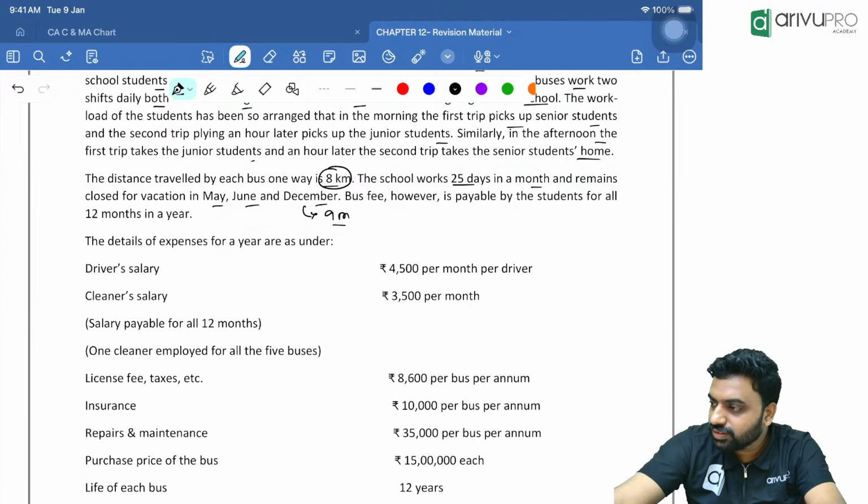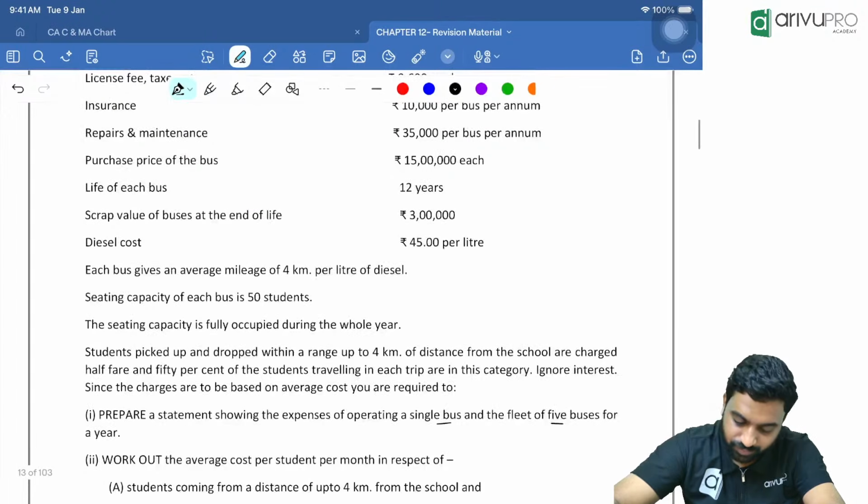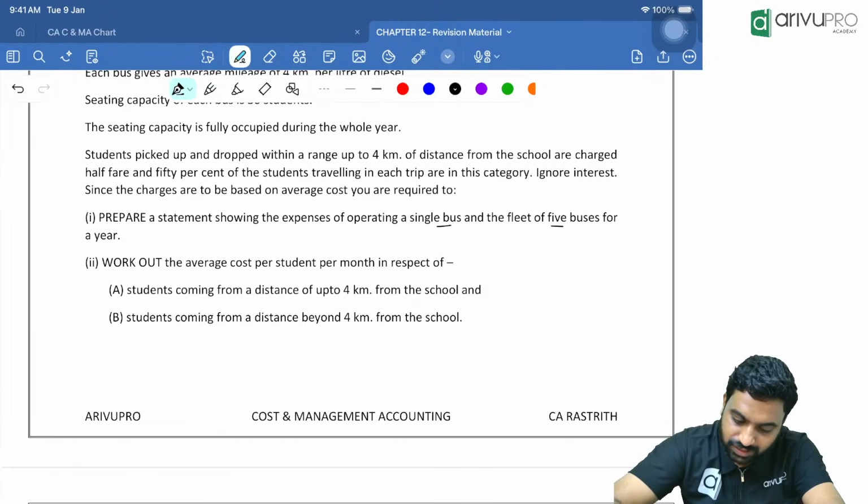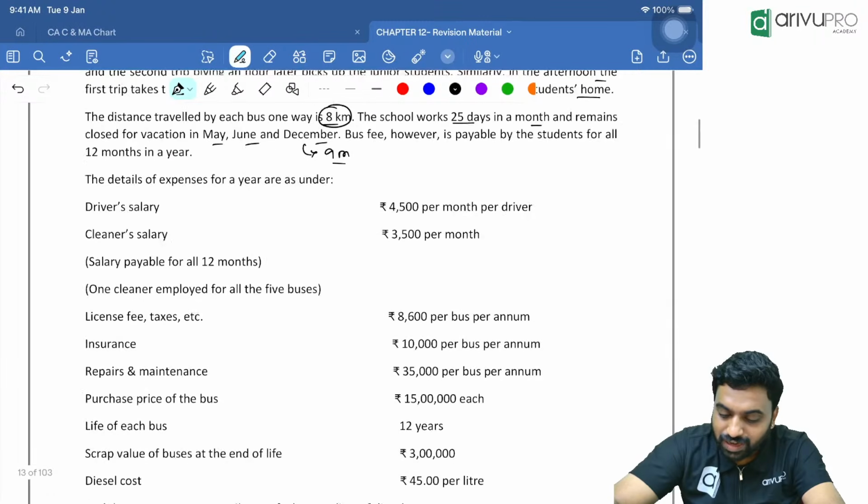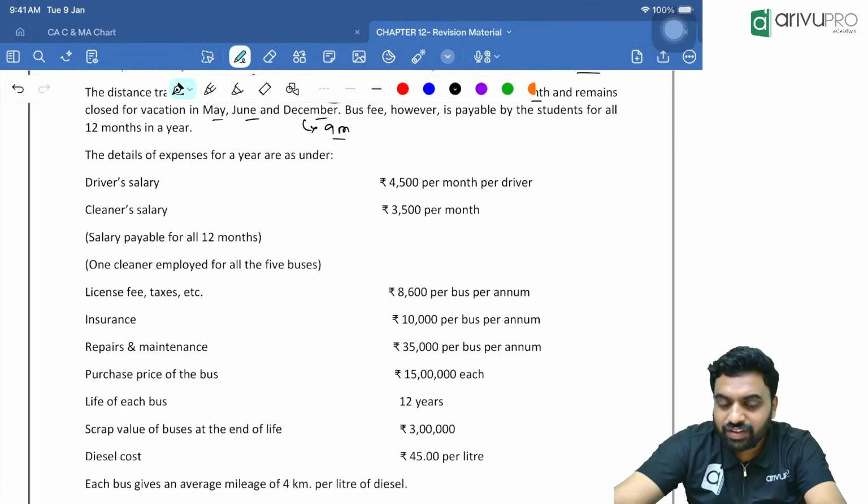Okay. The kilometers run is for 9 months. All those are 9 months. But my denominator will be 12 months. If they had told us students are not charged for all months, whatever the annual expense is, I would divide by 9 months, because we charge monthly here. First we have to divide by months, right? If every expense is to be recovered in 9 months only, I would have divided the yearly expense by 9 months and calculated per student how much.